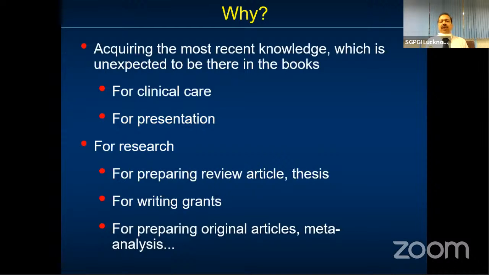Now, also, why should I know about all this literature search? Because you have to acquire the most recent knowledge. And this most recent knowledge is not expected to be available in the books, because the edition of the book that is getting published today, maybe all the authors compiled it about 3 years ago, and even when it was compiled by the publisher, the author might have written it around 1 to 2 years earlier.